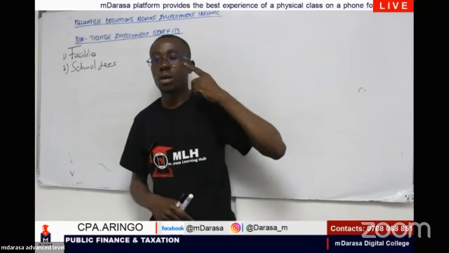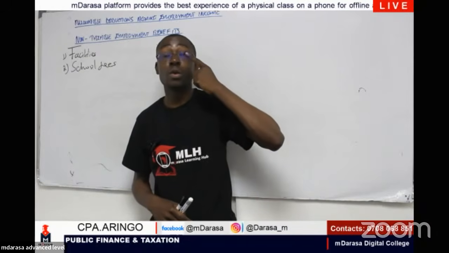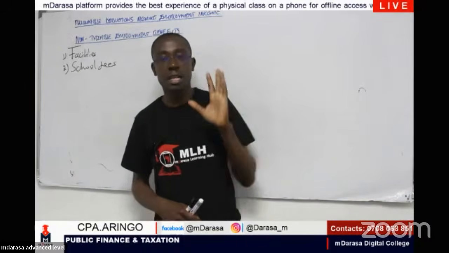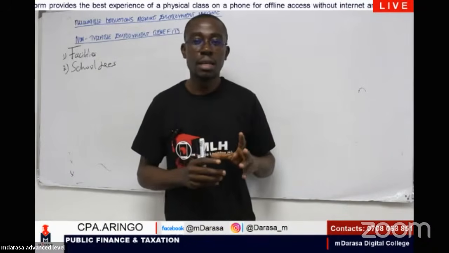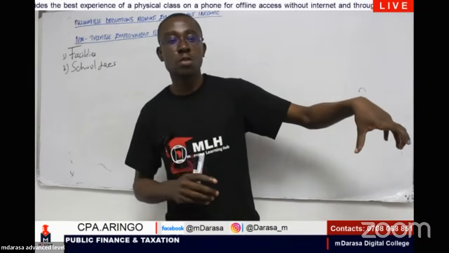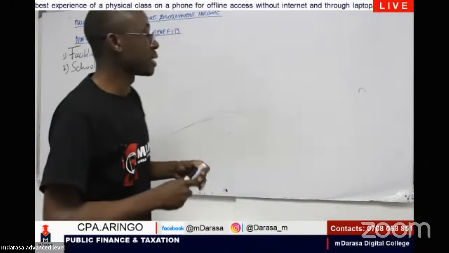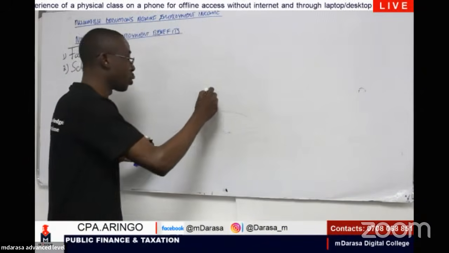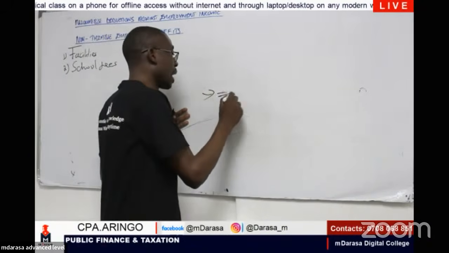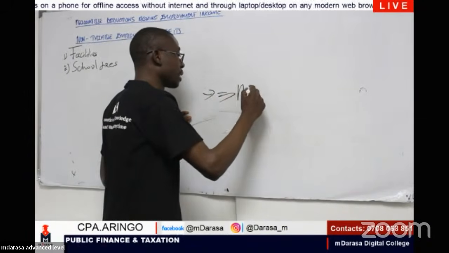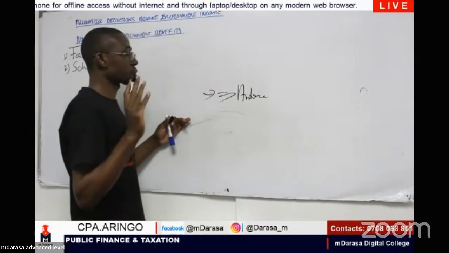But if it has been taken as an allowable expense in the books of the employer, the employer has stated in his books that this amount I have paid Anthony as part of the benefit.